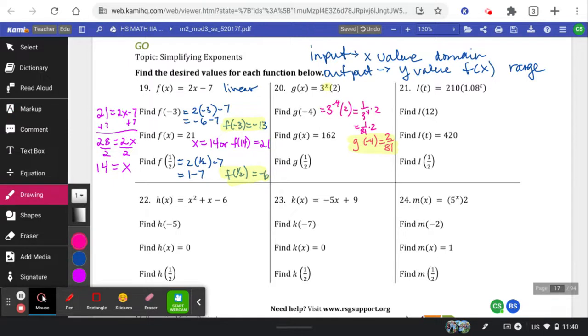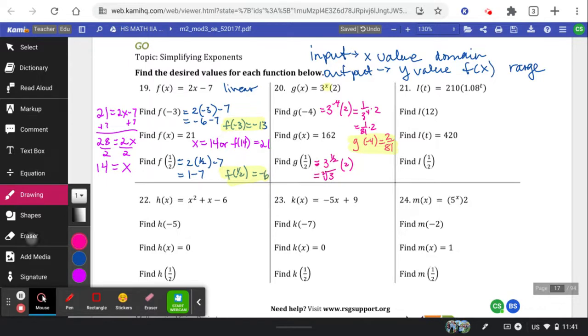g of 1/2 means we're plugging in a power of 1/2. 3 to the 1/2 power times 2. Well, anything to the power of 1/2 becomes a radical, the square root of 3. That denominator 2 becomes your index.